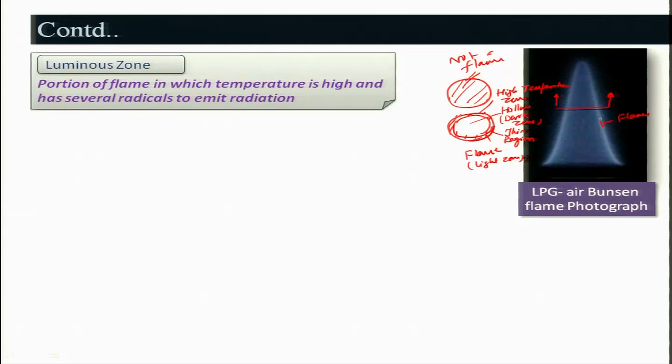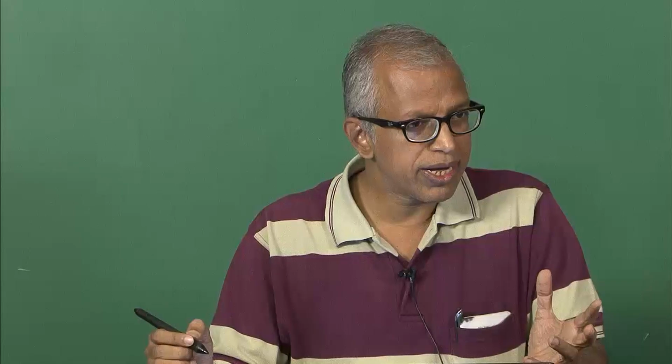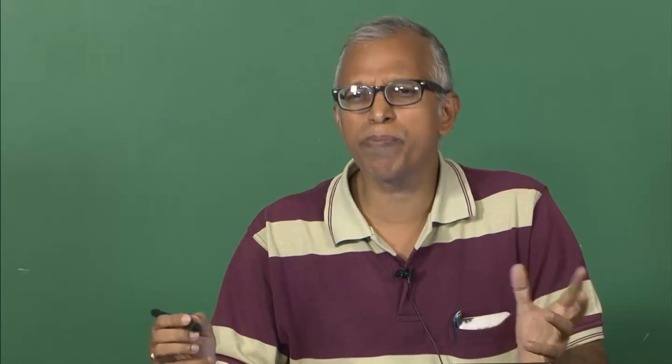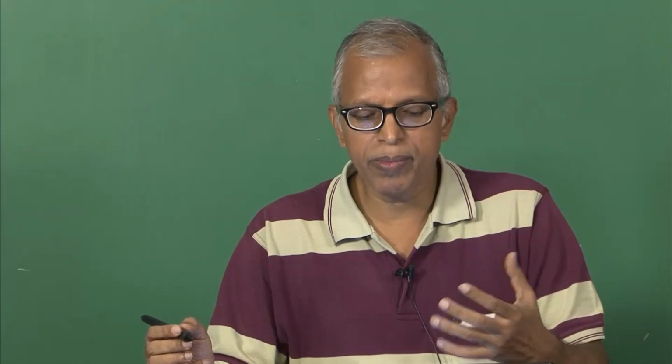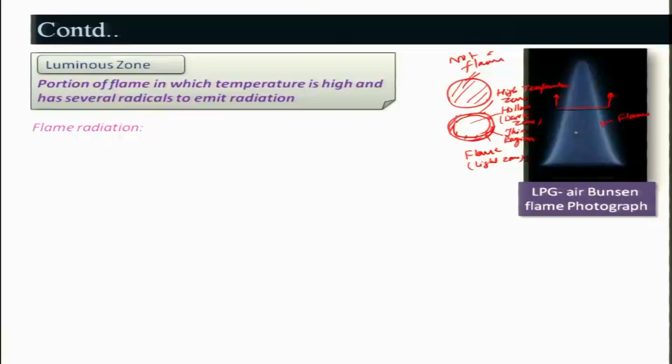You could see a blue flame, or a yellow flame, or sometimes a purple flame. That depends on the radiation emitted by the predominant radicals. Flame radiation will be something like 3000 to 7000 angstrom.